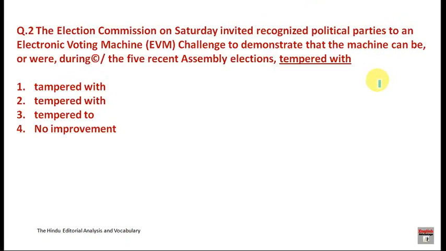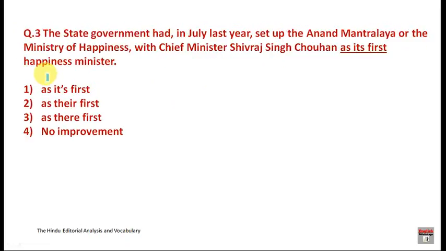So in place of T-E-M-P-E-R-E-D, you have to write T-A-M-P-E-R-E-D, because the former spelling belongs to one's attitude or disposition, like we say short-tempered or high-tempered. So this will be your correct answer, T-A-M-P-E-R-E-D, tampered with.